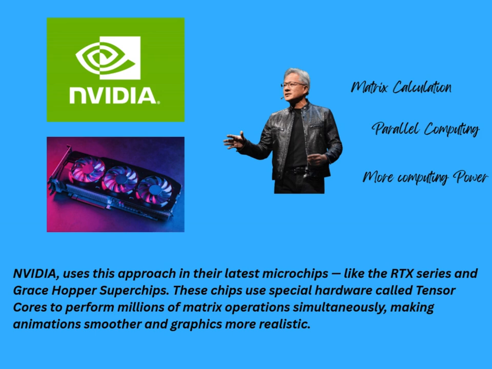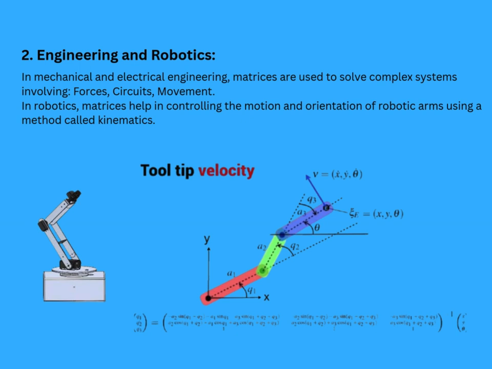The next application of matrix is in engineering and robotics. When you're talking about engineering, it can be mechanical, electrical, robotics, civil, any kind of engineering, you need to do a course on matrix. Why? Because you cannot think about any field of engineering without the application of matrix.